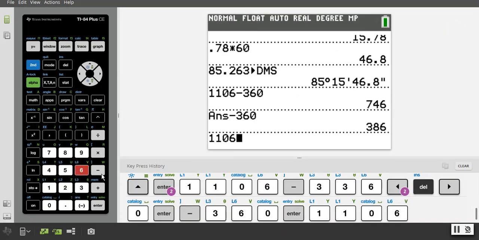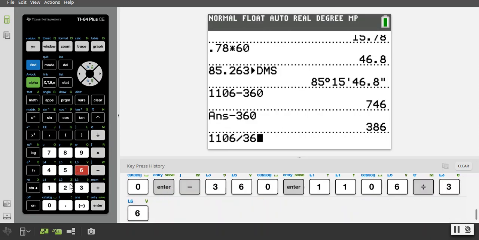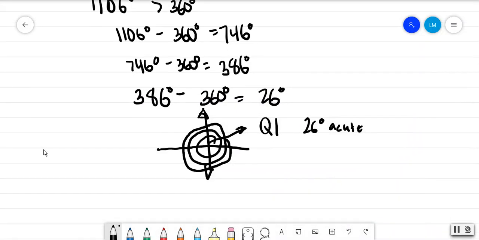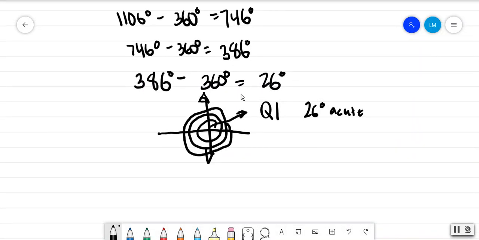My mistake was that I didn't realize that 386 was greater than 360. So dividing by 360 tells me that I need to round down. So we just need to subtract it three times and see what that is. That's going to give us the 26 coterminal angle and where it terminated. So it terminated in quadrant 1, right?